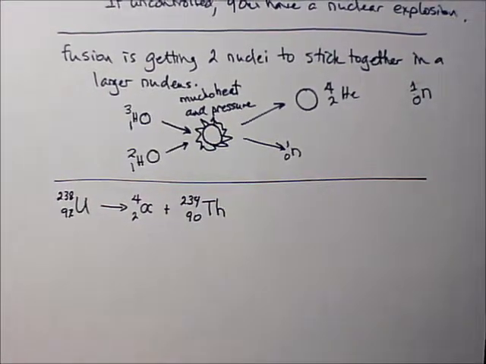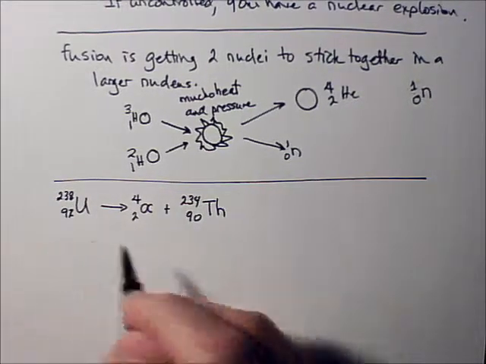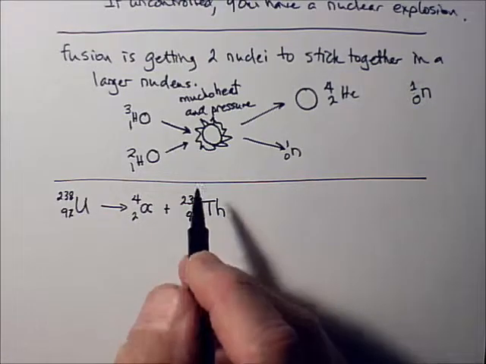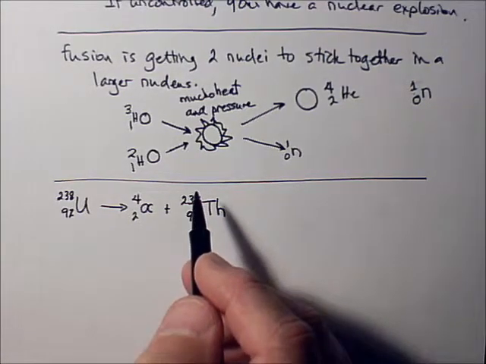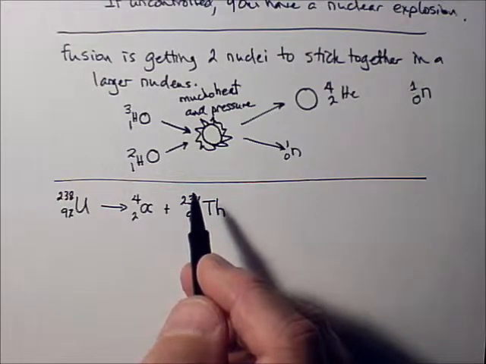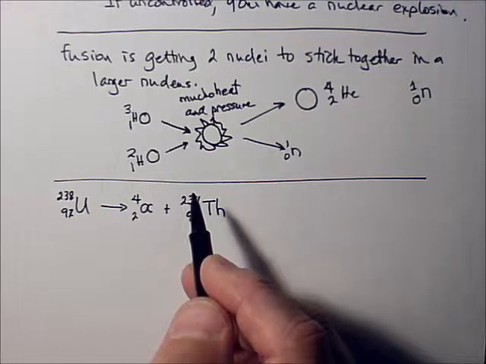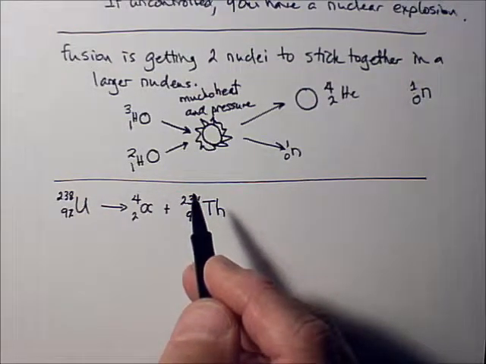Now, thorium doesn't just stay thorium. Thorium is also radioactive. Every element that's larger than number 83, which is bismuth, has no stable isotopes.